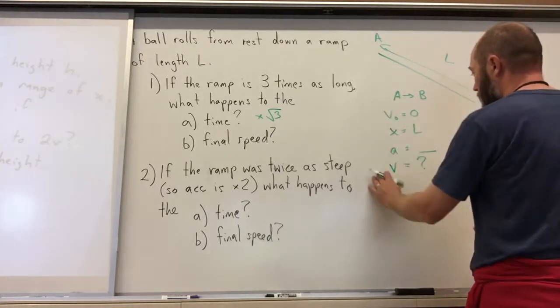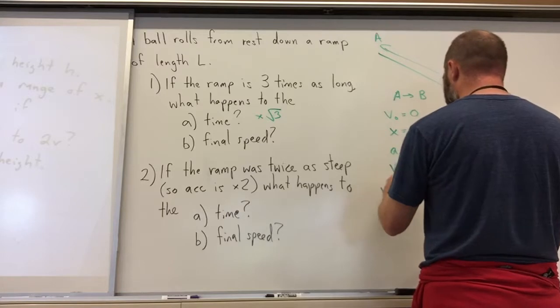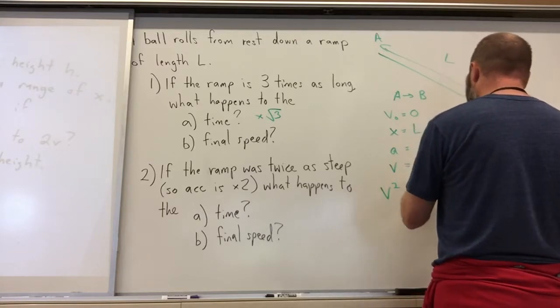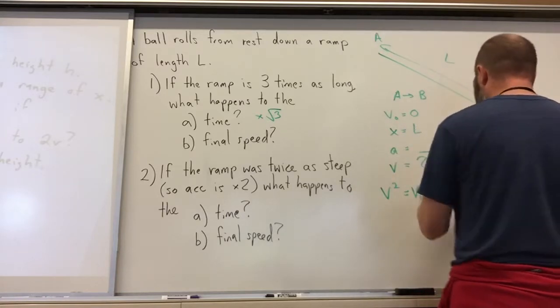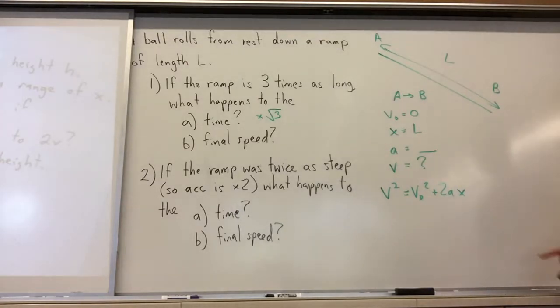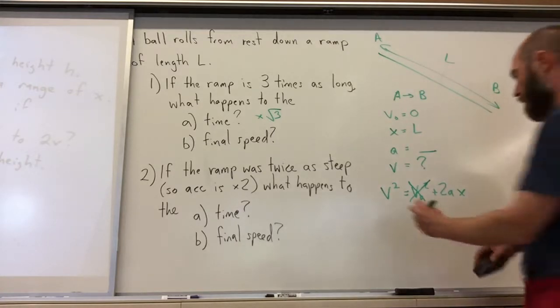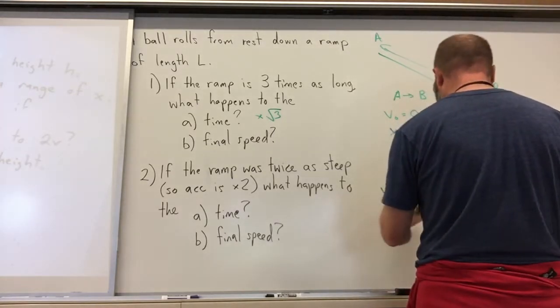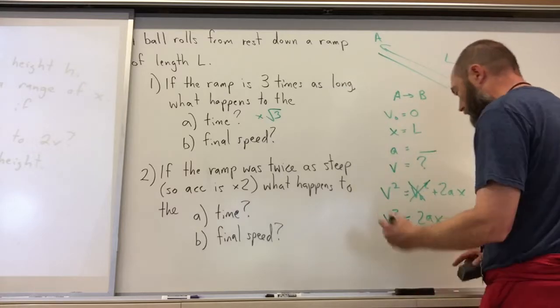If I am looking for the final velocity, then v equals question mark. I want an equation that has this stuff in it: v squared equals v0 squared plus 2ax, or in this case L. This piece is going to go away, so I end up with v squared equals 2a times x.